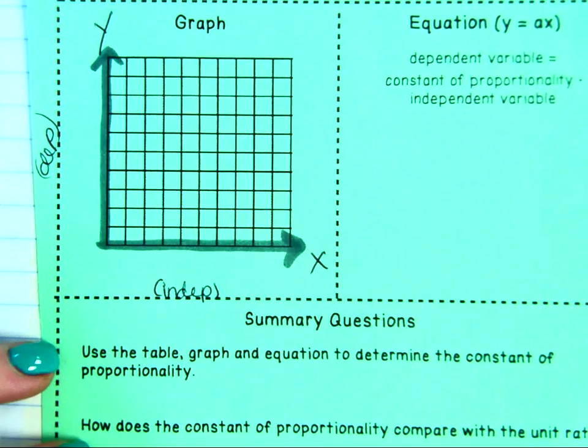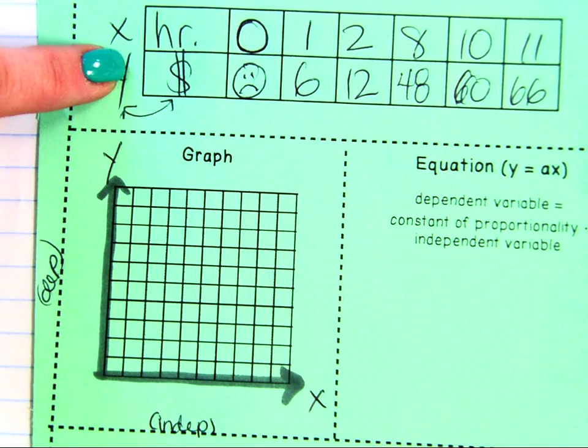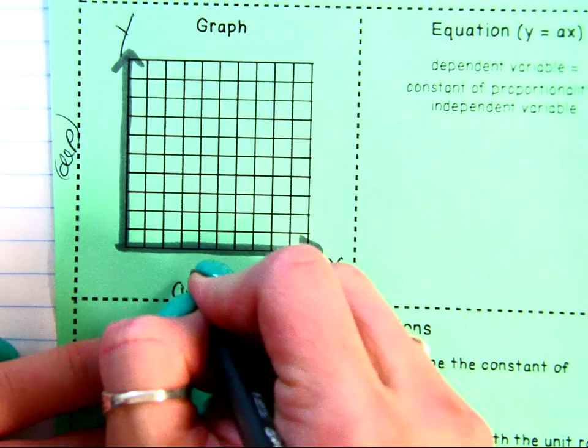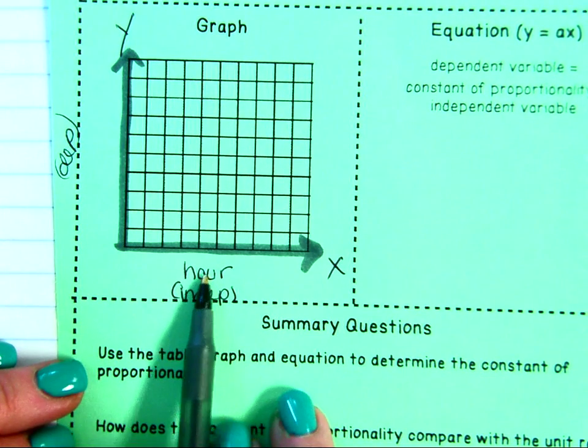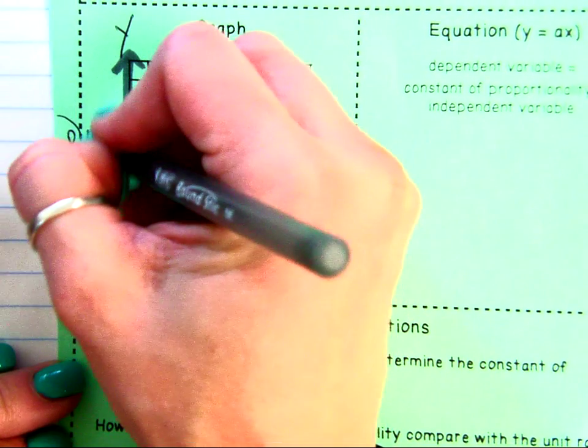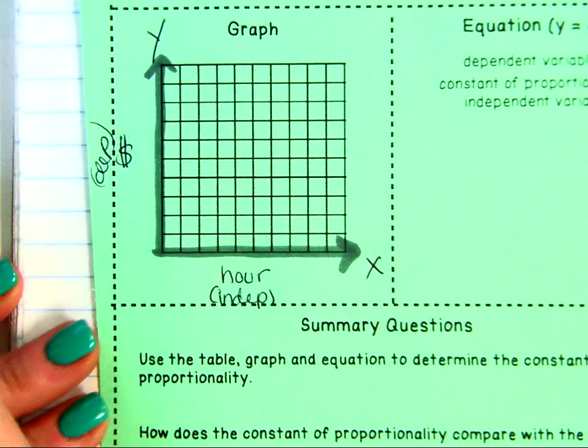And if your x, guess what? Your table is really helpful. Your x is hours and your y is dollars. Time is almost always going to be on your x-axis. Time is almost always your independent. Put a $ sign here. Man, it would be nice if they gave us some axes that are labeled, but they're not. So you know what I'm going to do?